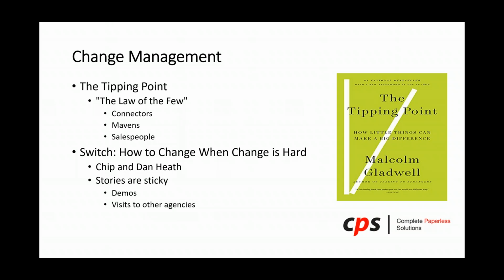Now, ideally, you'd have all three of these people within an organization, or maybe you're one of them, or heck, maybe you're two of them. But I just want to run through and define them because I think it's interesting. So, connectors. What are connectors? Connectors are the people in a community who know a large number of employees. They have a relationship with them and are in the habit of making introductions.